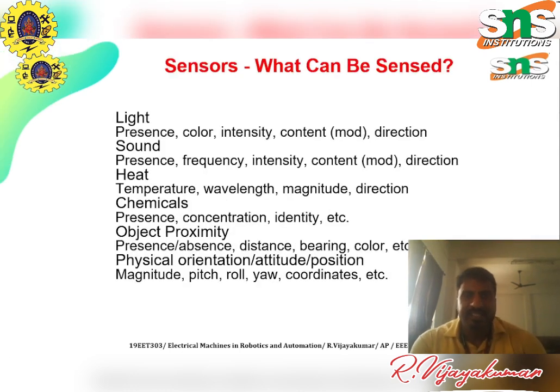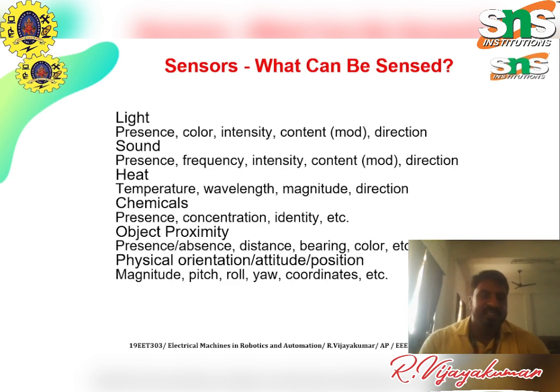And sensors, what can be sensed? For example, light. A light sensor will detect presence, color, intensity, content, and direction. A sound sensor will detect presence, frequency, intensity, content, and direction. A heat sensor will detect temperature, wavelength, magnitude, and direction.